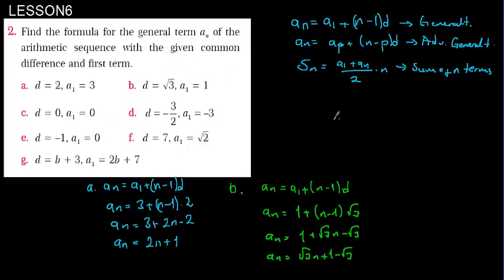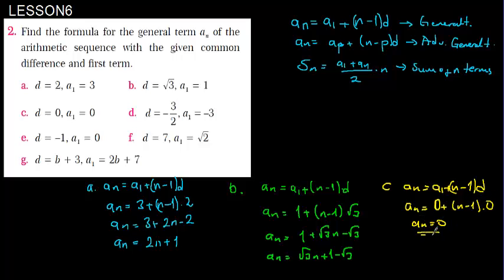Okay, I'm going to solve c, then I'm going to continue with the other questions. Here c, an is equal to a1 plus n minus 1 times d. a1 is equal to 0 plus n minus 1 times the common difference, which is 0, so an is equal to 0.